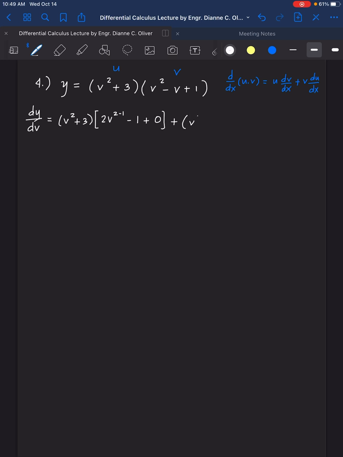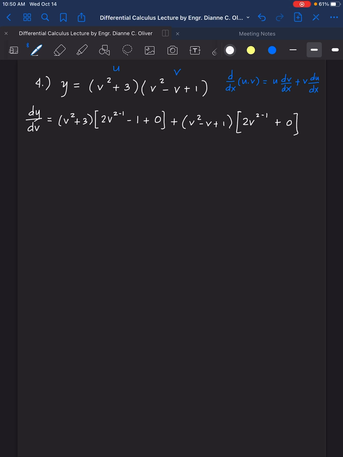So we have b squared minus b plus 1, derivative of u, 2b, 2 minus 1, derivative of b is 1, plus derivative of 3 is 0.